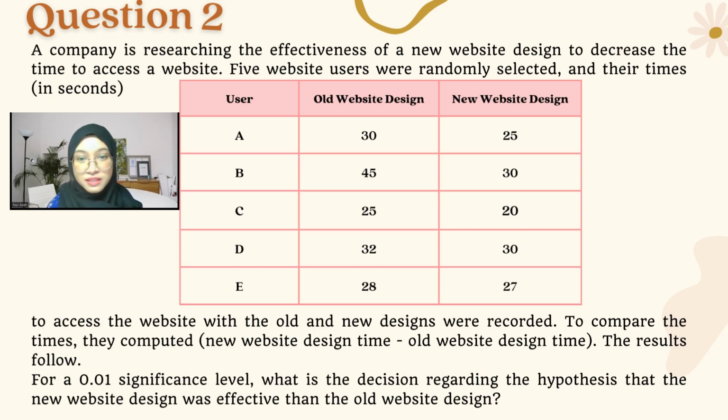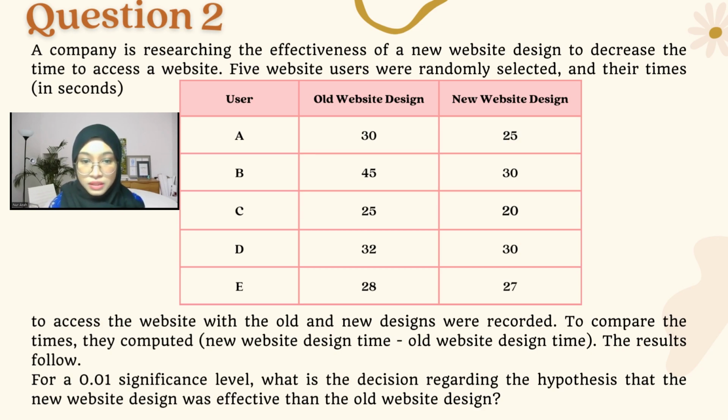A company is researching the effectiveness of a new website designed to decrease the time to access a website. 5 website users were randomly selected and their times in seconds to access the website with the old and new designs were recorded.